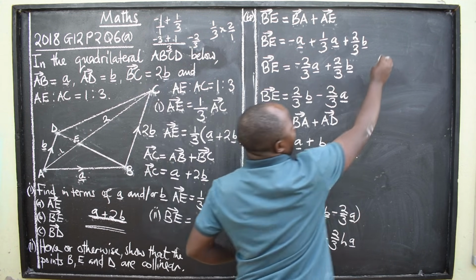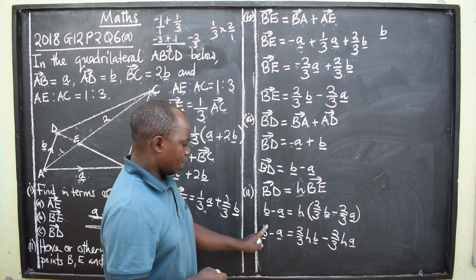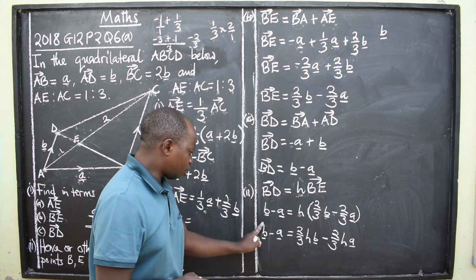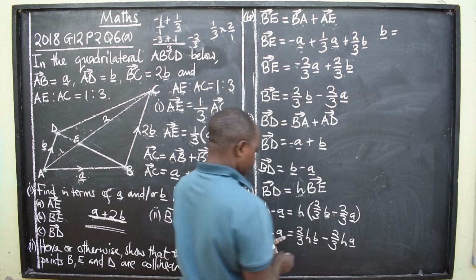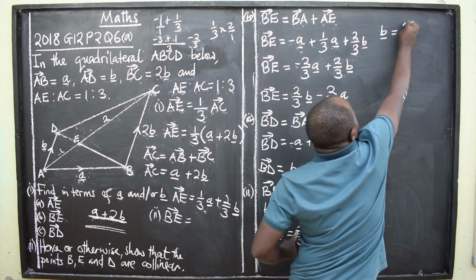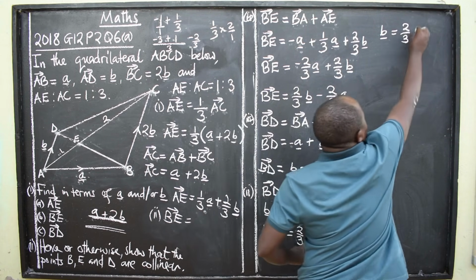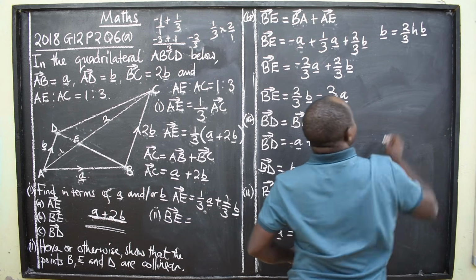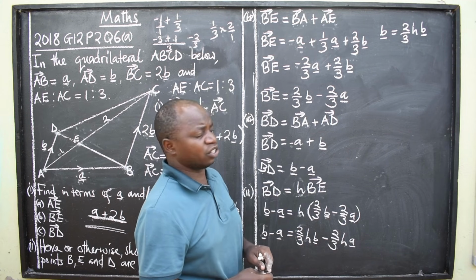So I'll say B, here what is here is a 1, which will be equated to 2 over 3 HB.